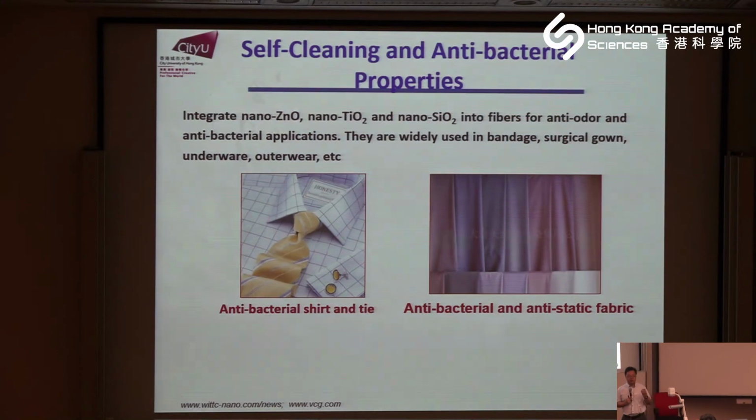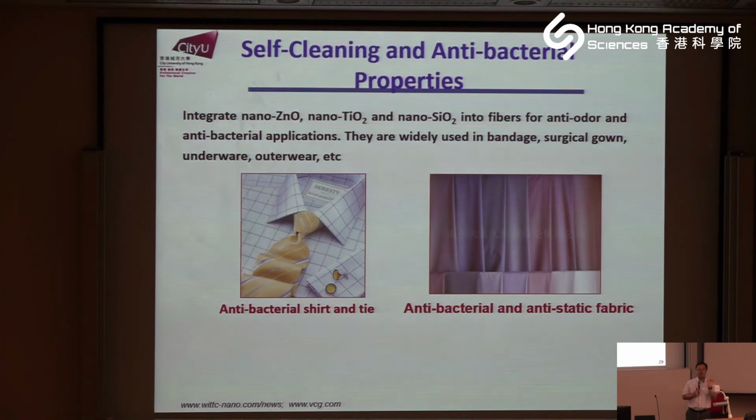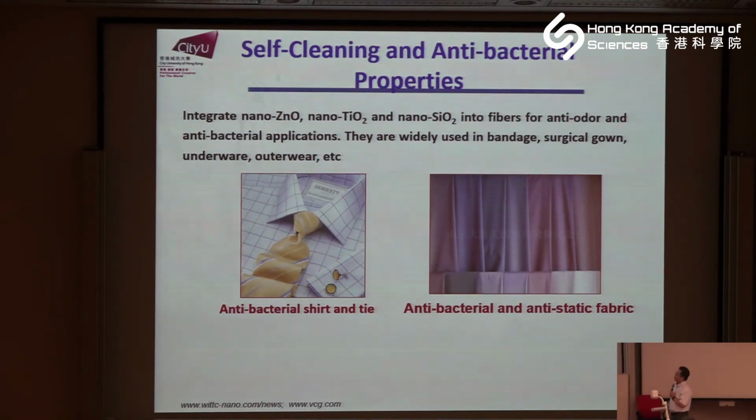The reason is that when the particle is small enough, it can go into the cell and damage the metabolism. Okay? And also in certain situations, for example with zinc oxide or titanium oxide, if you shine UV light, they release reducing agents, which are antioxidants and can help to kill the bacteria. So all of those are very important applications of using nanomaterials for antibacterial or anti-static applications.